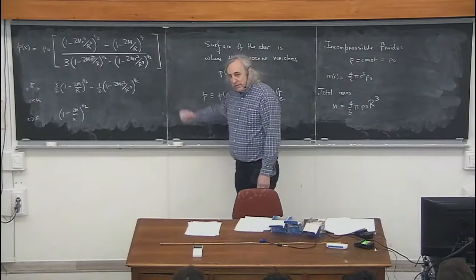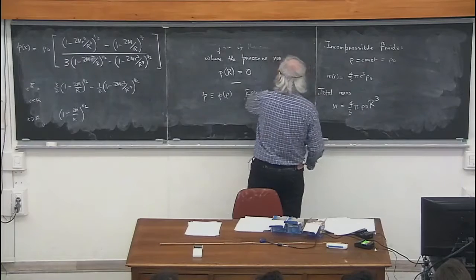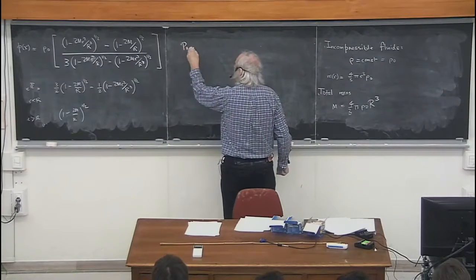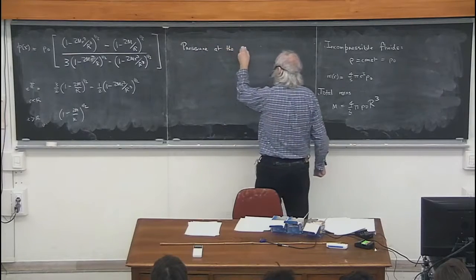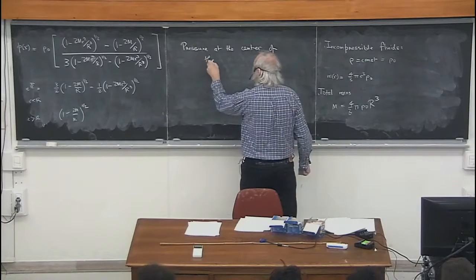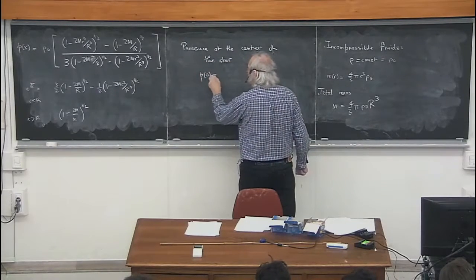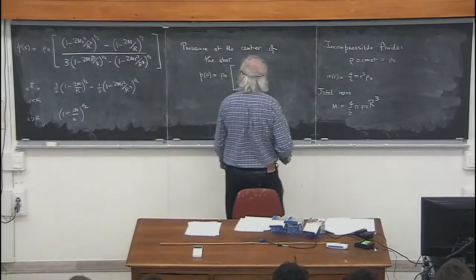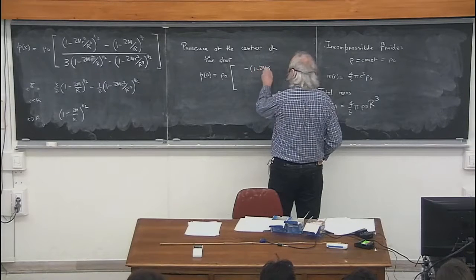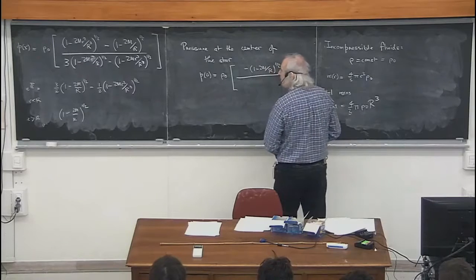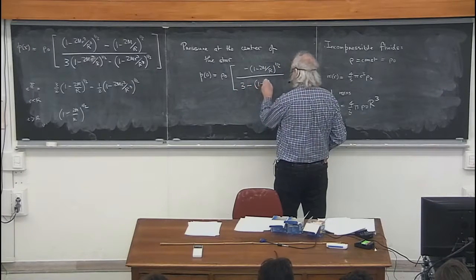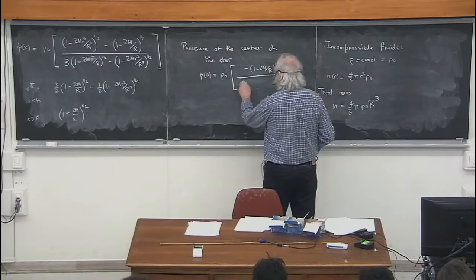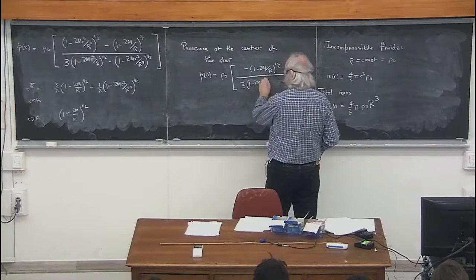You can look at the pressure at the center of the star. P of 0 is equal to rho 0 into, this gives me a 0, I end up with a minus (1 minus 2m over R) divided by 3 into (1 minus 2m over R) to the 1/2 minus 1.